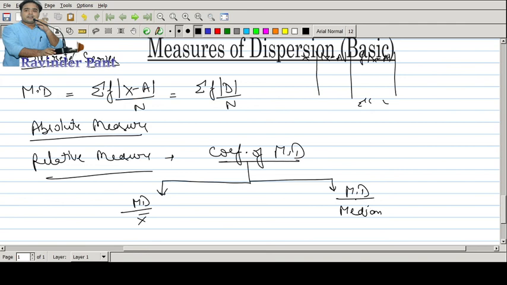As this coefficient is a relative measure, it will be independent of the units of measurement and it is very useful for comparing the dispersion among different data sets.